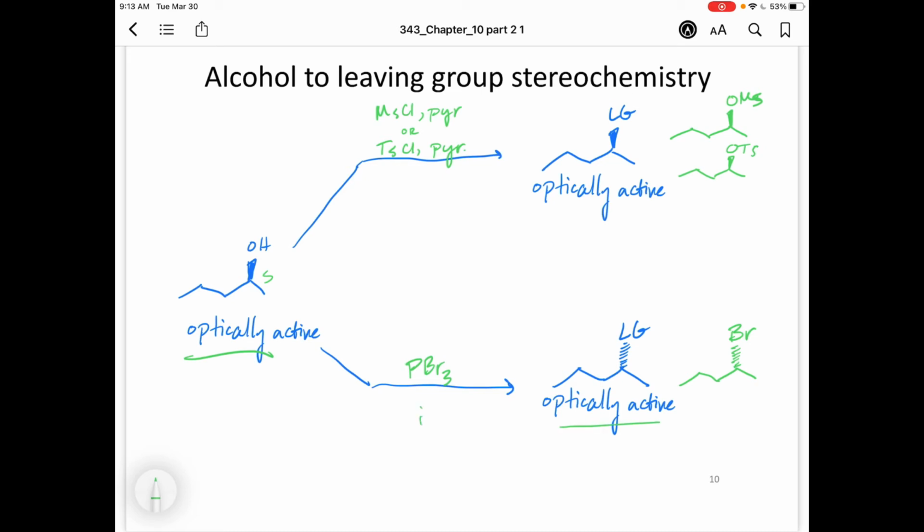Here, we've inverted it. That's because this reaction undergoes an SN2 at that stereocenter. Now, this top stays the same. So it's the same stereochemistry.